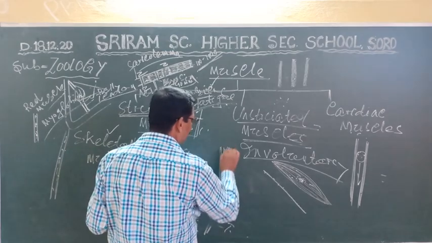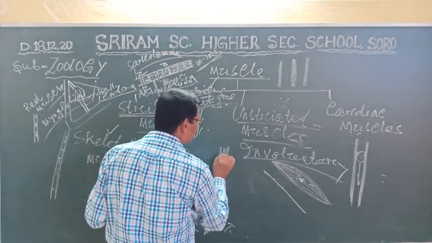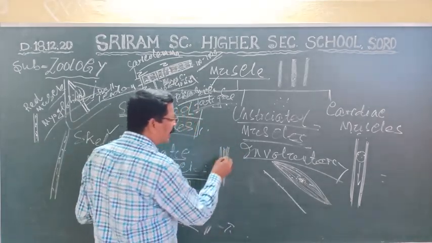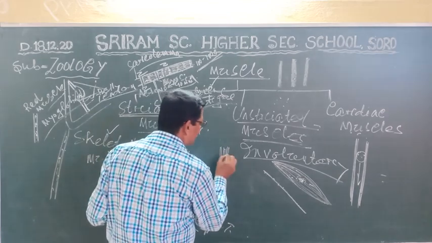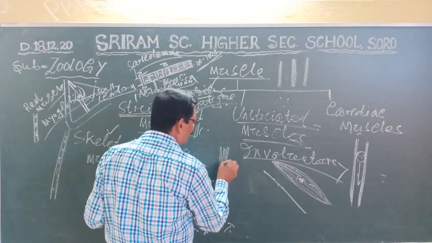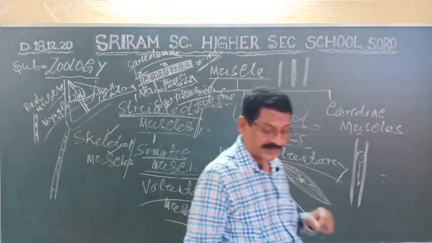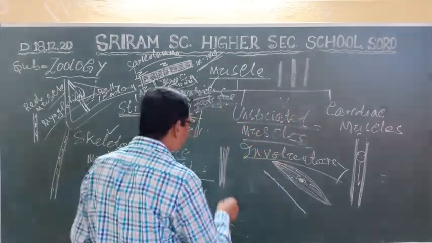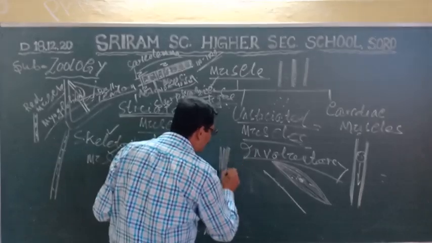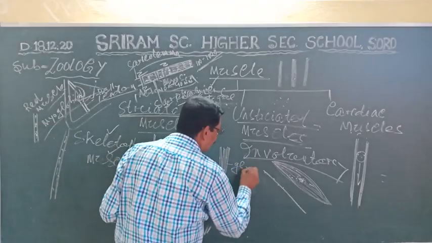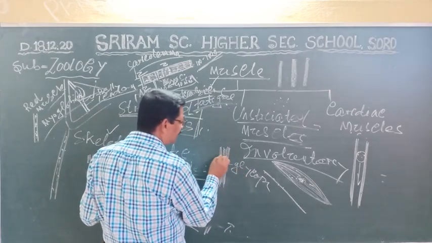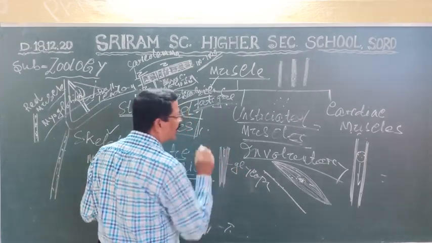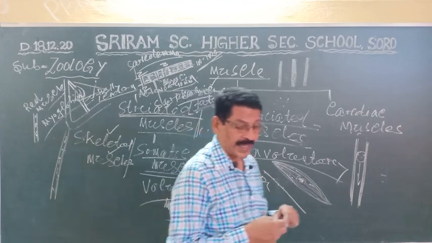So this is the muscle and each muscle cell is separated from the others by the presence of a thin membrane-like structure made up of glycoprotein, by which the substances of one cell cannot enter into another cell.